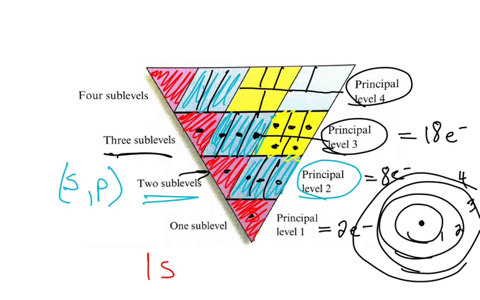So 1, 2, 3, 4, 5, 6, 7, along with our 5 D's, our 3 P's, and our 1 S. So that gives us a total of 16 orbitals. Each one can hold 2 electrons, so that is 32 electrons total that can be in the 4th energy level.